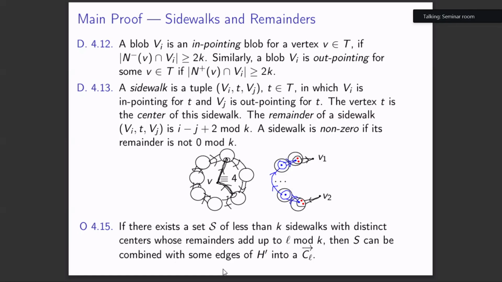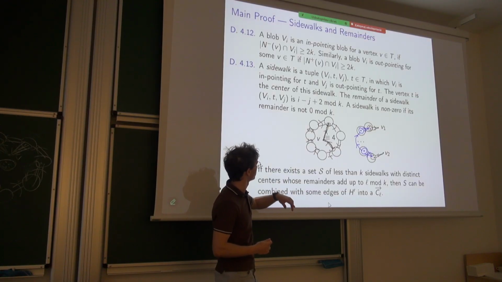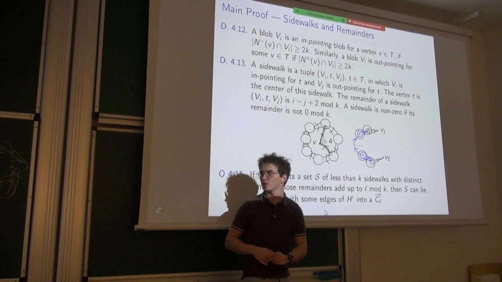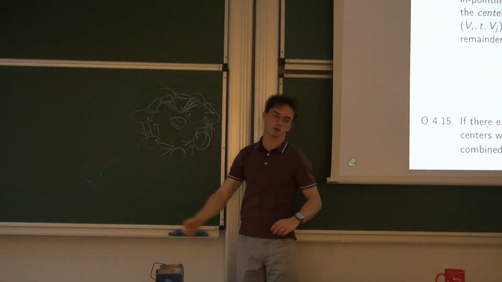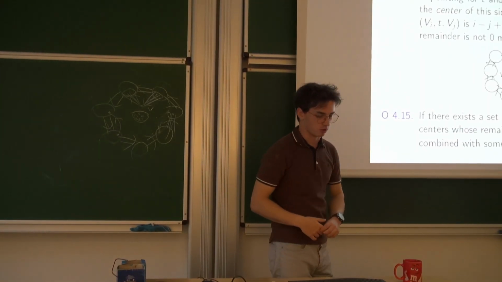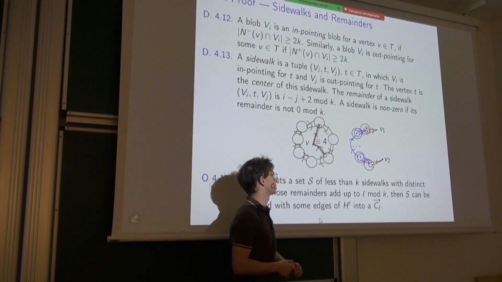The remainder of such a sidewalk, if it goes from Vi to Vj, would be i minus j plus 2. It's essentially how much the remainder would change when looping around by going through this vertex. Of course, some sidewalks do not change the remainder at all.